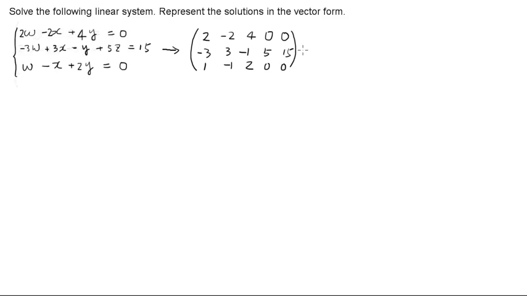Now, the first step is to try to find a pivot. We look at the first column, we see over here there is a 1, so we're going to swap the first row and the third row, R1 and R3, so we have the following. We have 1, -1, 2, 0, 0.